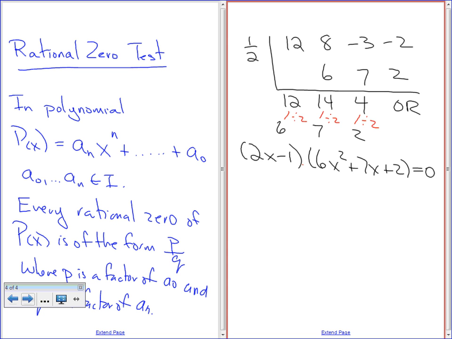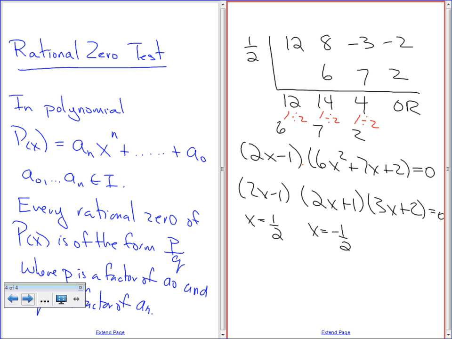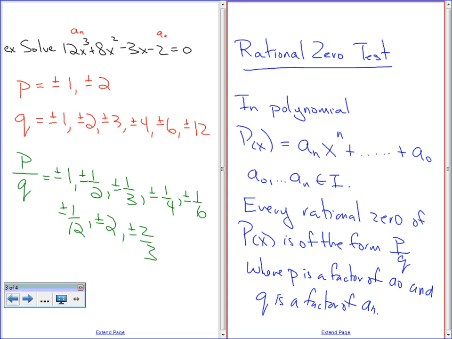I look to see if I can factor that, and that is factorable using a hard-type trinomial, and that factors to 2x plus 1, 3x plus 2. And then you solve each one of your factors equal to 0. And those are the 3 answers. So you can see 1/2, -1/2, and -2/3 were all answers here.